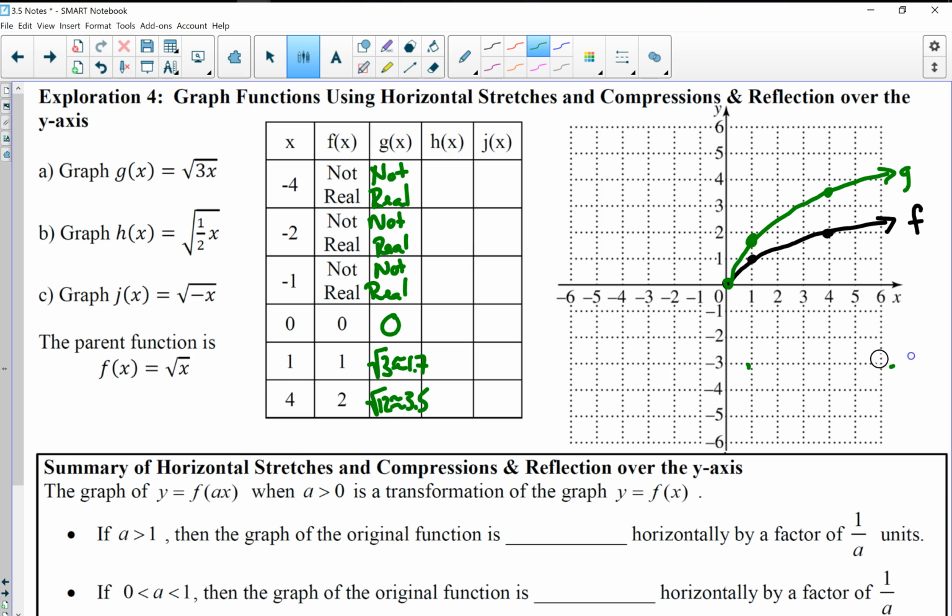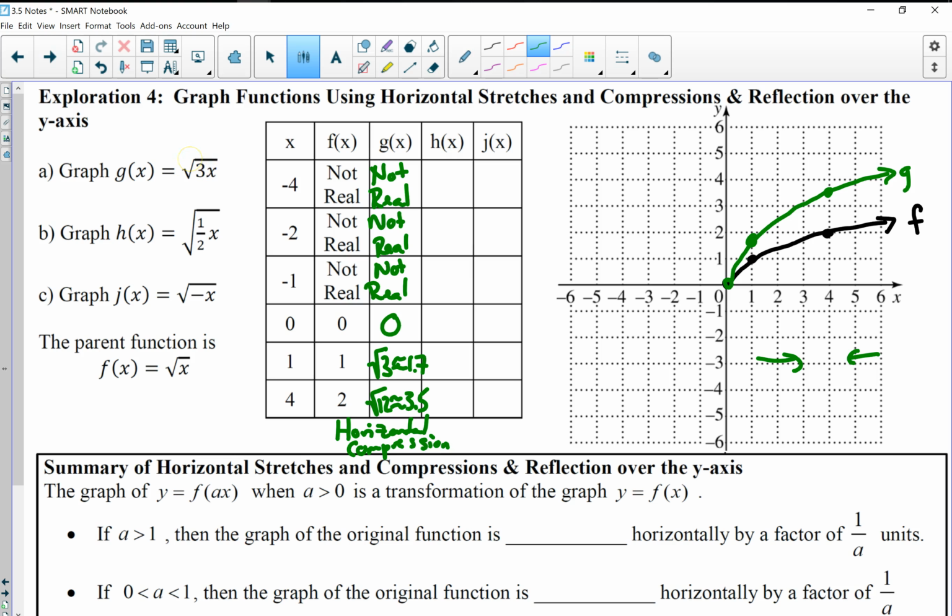So what would I need to do then? Well, if I can't put my hands apart, I can pull them together. So if I put those two ends of the graph together, then we can see this curvature would get smushed, right, and kind of go up. So here we would actually call this a horizontal compression. And how we designate that compression, what we're going to find out later in our notes, is we actually do 1 divided by whatever your multiplier is within your parent function.